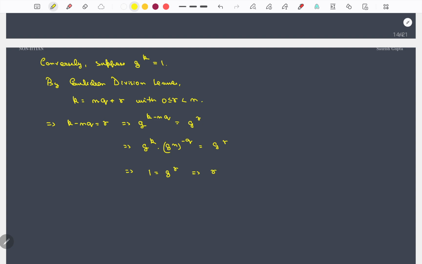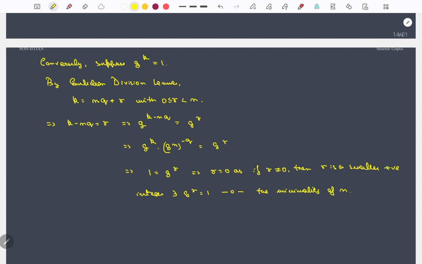But that implies r must be 0, as if r is non-zero, then r is a smaller positive integer such that g to the power r is equal to 1, which contradicts the minimality of n.